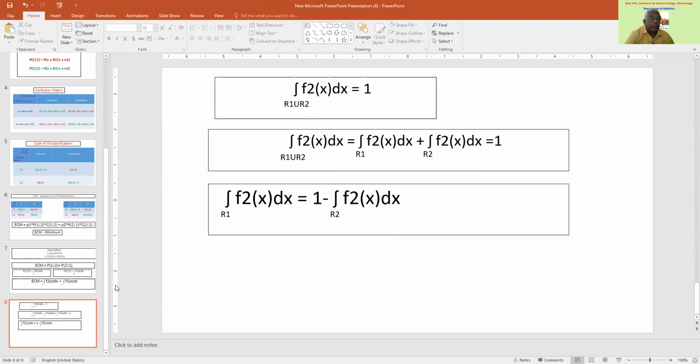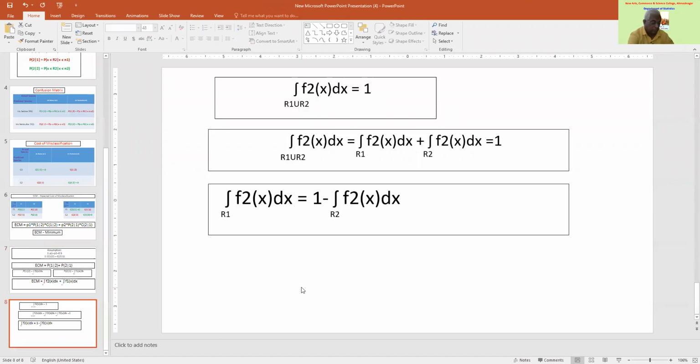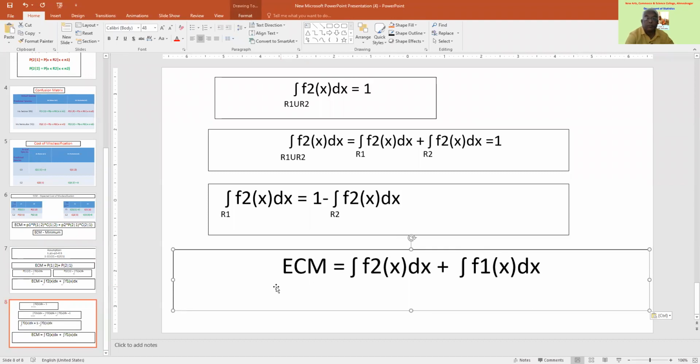In the earlier statement, we have this, and that was creating the problem for us.